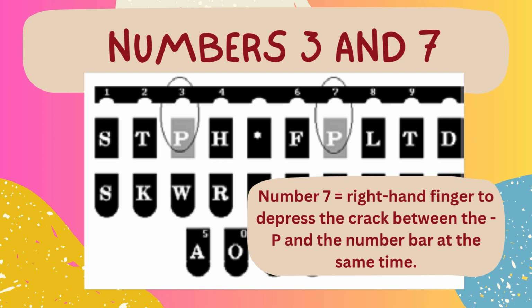So use your right hand middle finger to depress the crack between the final P and the number bar at the same time in order for us to write number 7.